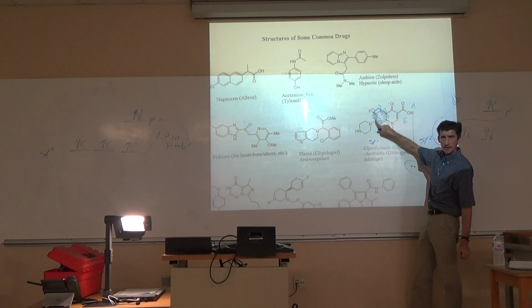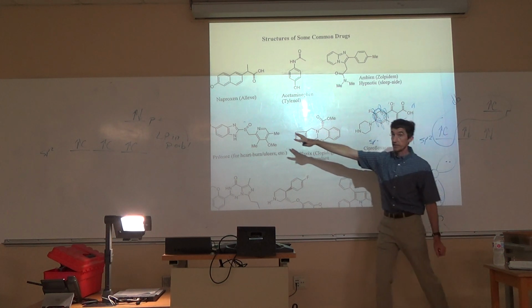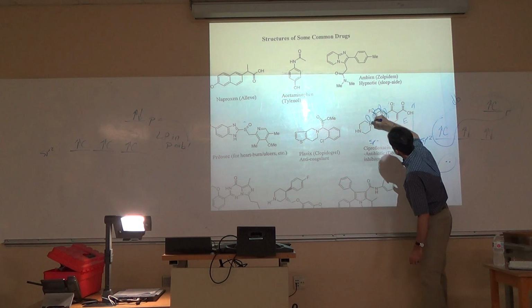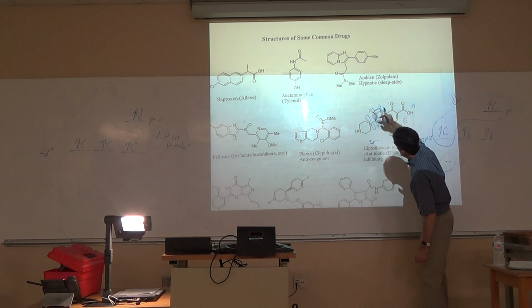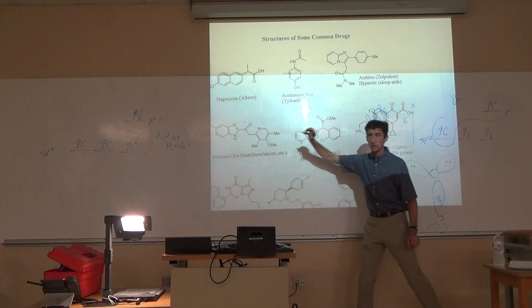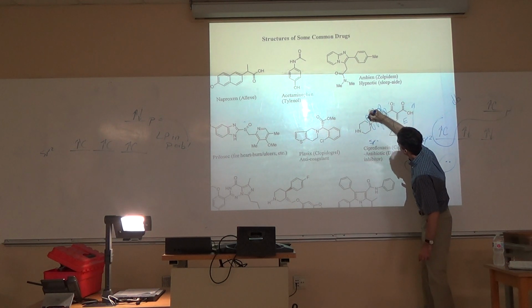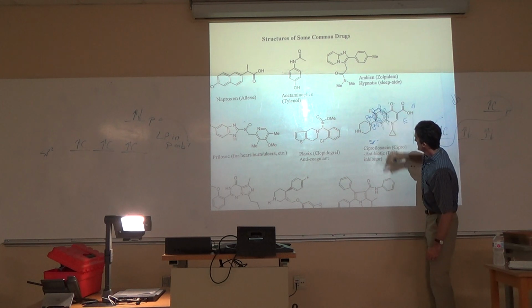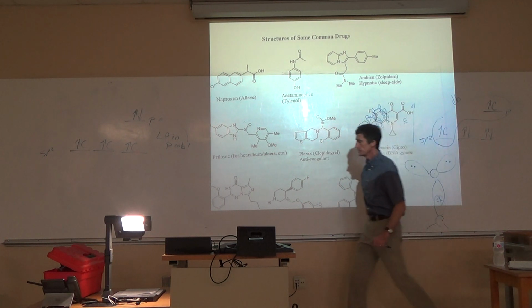Can that nitrogen interact in this p orbital game? It can in this configuration. What's going on is this nitrogen has a p orbital, and what are we putting in the p orbital? Lone pair. And that lone pair gets to interact with the neighboring p orbital.